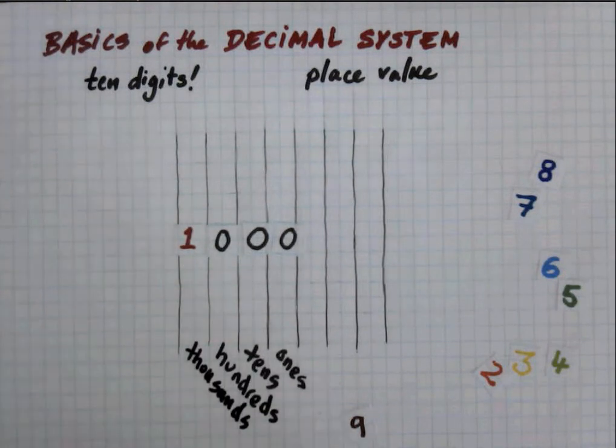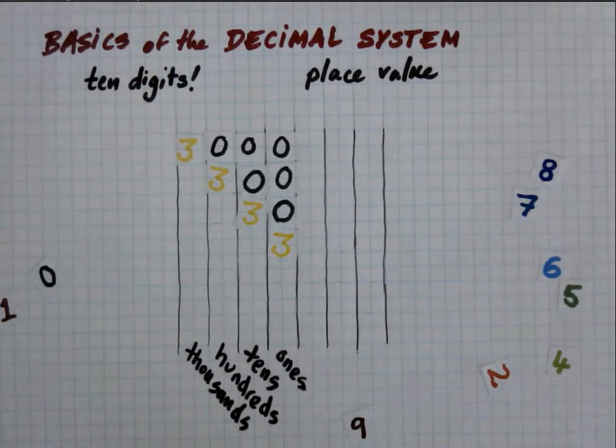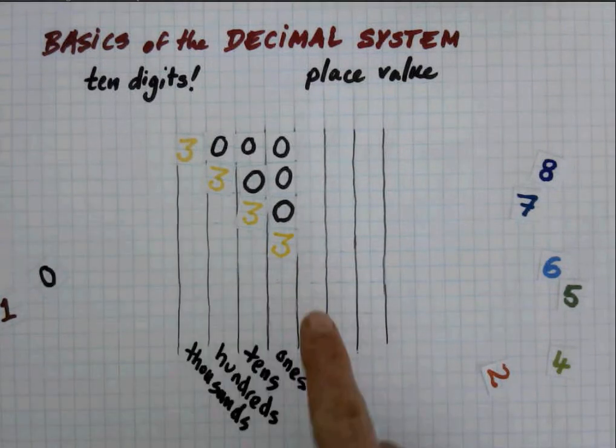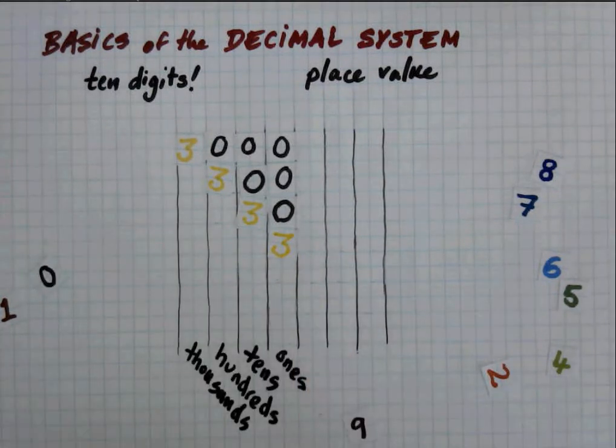I usually start off this discussion in my classroom by showing a set of numbers similar to this and asking which number would you rather have if I was going to give you cash. Most people immediately know they would rather have $3,000 than 330 or 3.